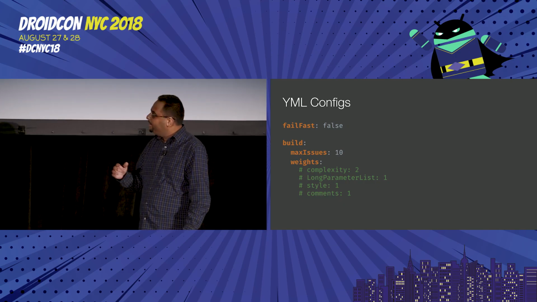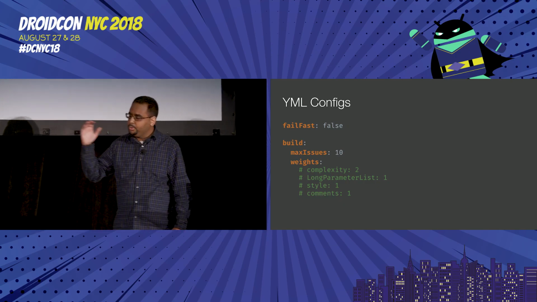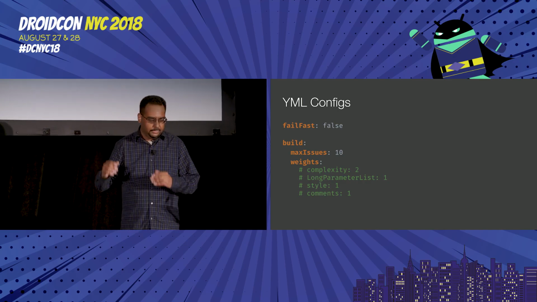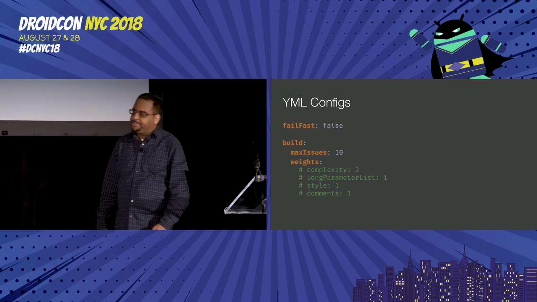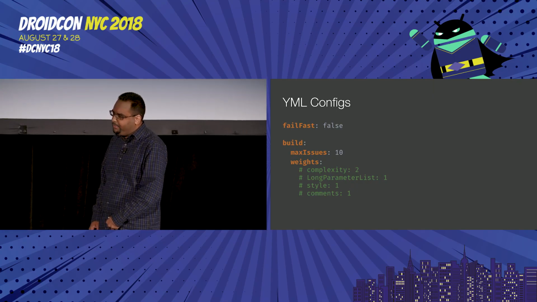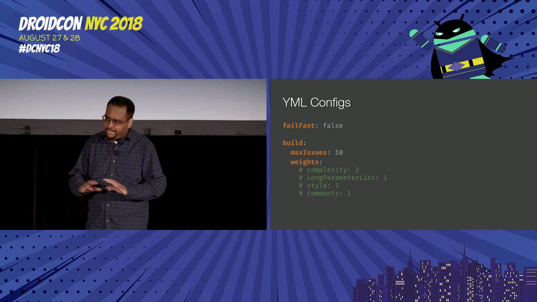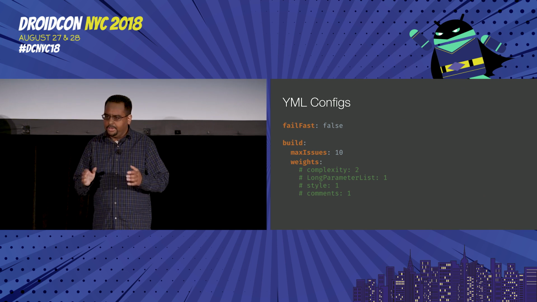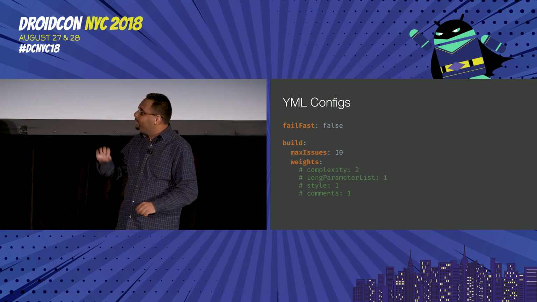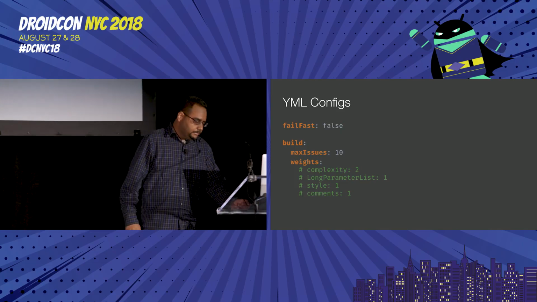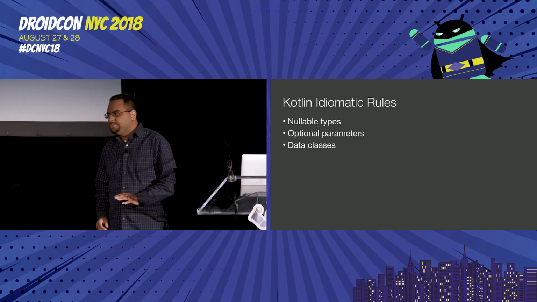Like 2 means that if you break rules in that complexity rule set, they add up to more. So fail fast, what does that mean? Fail fast means when I turn it on, if you violate any of the rules, Detekt will fail. You're going to have to fix them. There is no max issues; it will make max issues 0, etc. So that's what goes into the YAML file.